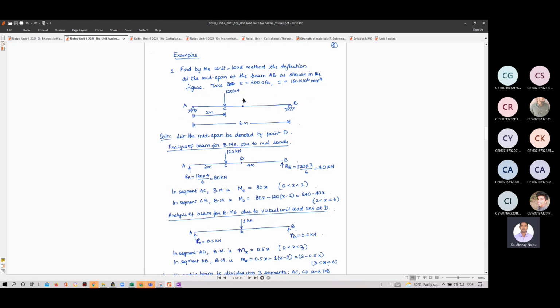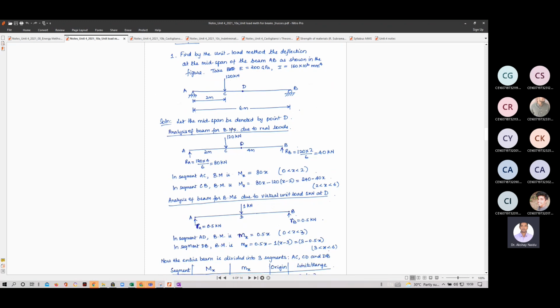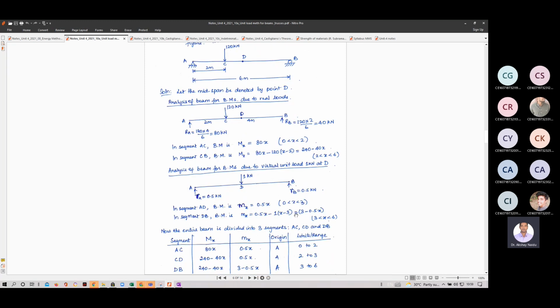In Castigliano's theorem, we use a fictitious force P or WD here in this case, but here we'll use a unit load. So first, due to real loads, I calculate the bending moment in segment AC and segment CB. Then due to the unit load at D, I calculate the bending moment in segment CD and segment CB.